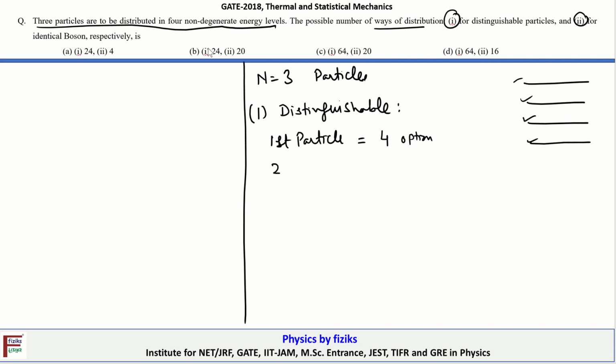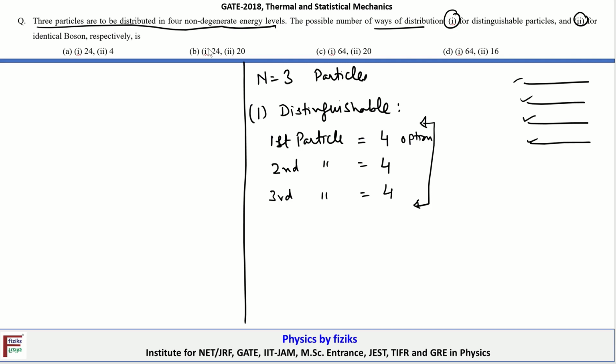Similarly the second particle could also be in any of the energy states independent of the position of the first particle. So there are 4 options available for the second particle also. Similarly the third particle will also have 4 options, following the same argument. Because there is no occupation constraint on any of the energy levels, since we are treating a system of distinguishable particles, the placement of the next particle is completely independent from the position of the previous particle.